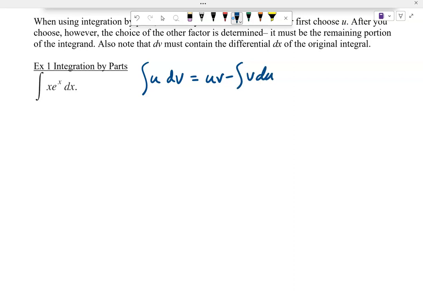This is how we're going to set it up. I'm looking for who is dv. So I'm going to try that being dv, which means my u will just be the x. Okay, so that's my u part. Let's see if this works for us. If it doesn't, then I'll change it up.